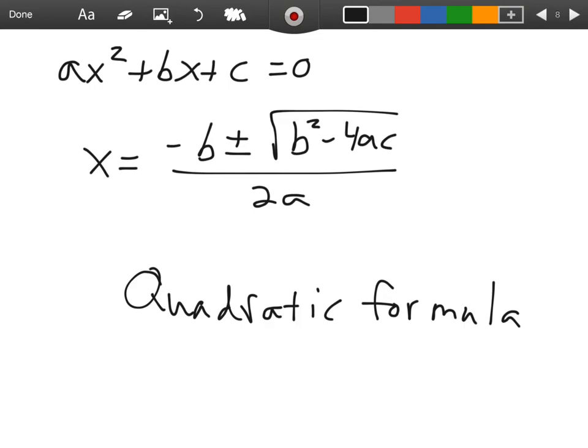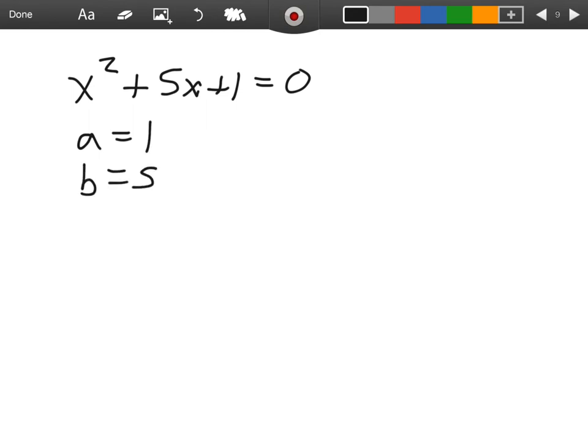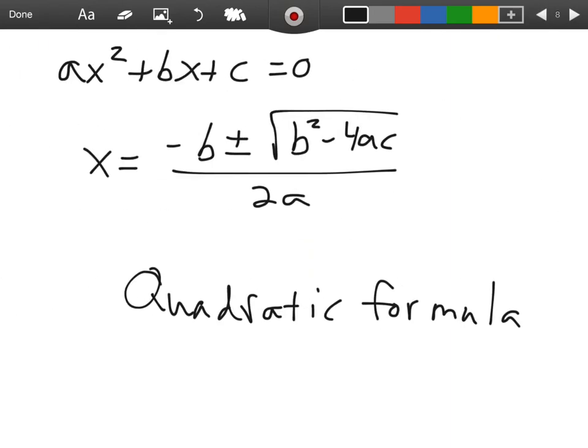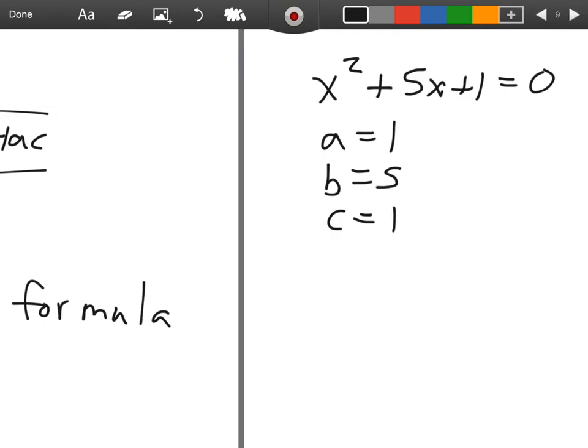Okay, so when we do the quadratic formula, it's fairly simple, but it has its own issues with the simplification. All you got to do is just be careful when you're simplifying. So if we're going to solve something like this, A is equal to 1, B is equal to 5, and C is equal to 1. If we plug it into this formula right here, make sure and always put everything that you're plugging in in parentheses.